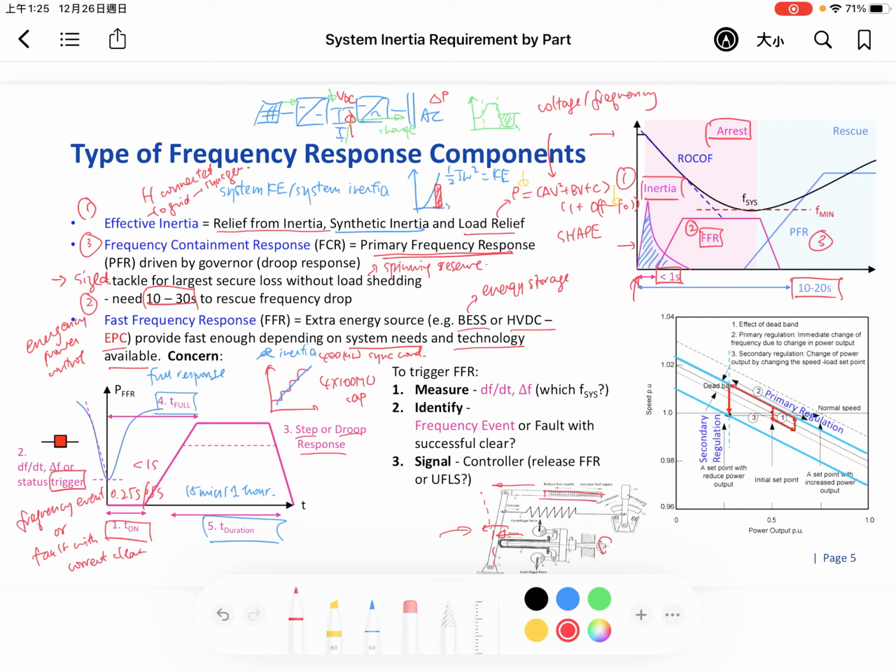This is the door connected to the steam drum or the steam pipe connected to the turbine. It can control the door simply by means of the system frequency.